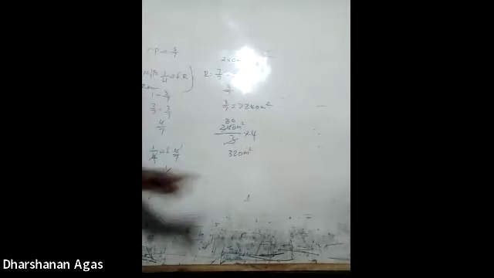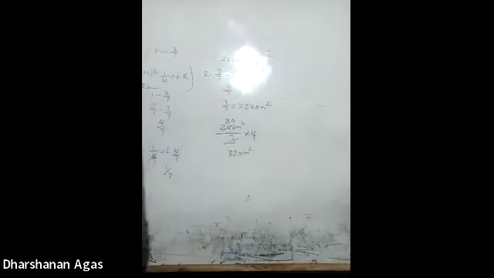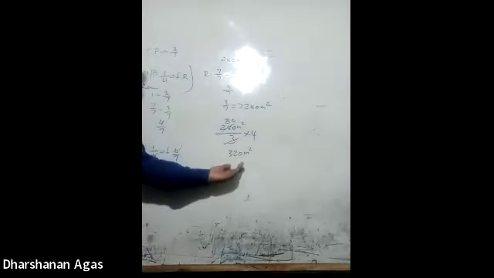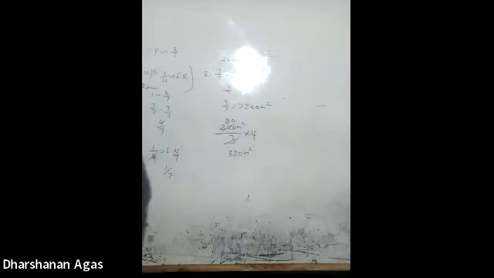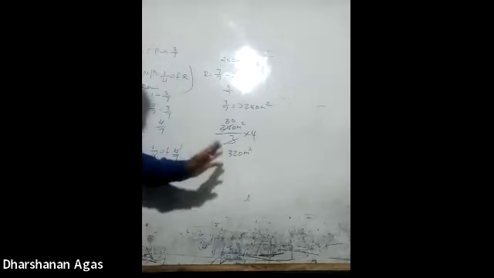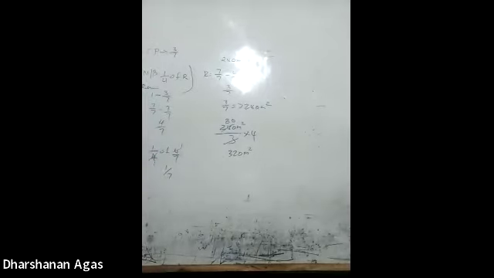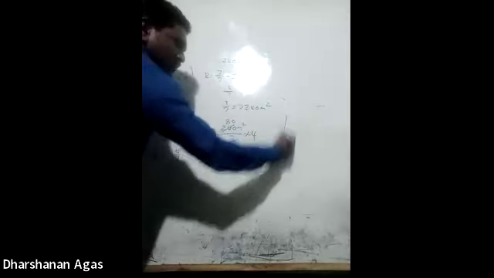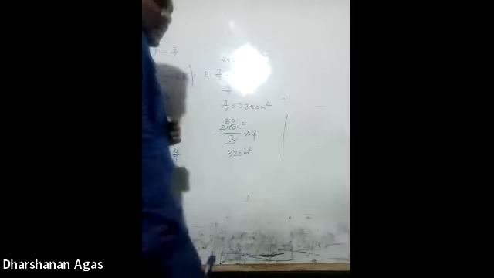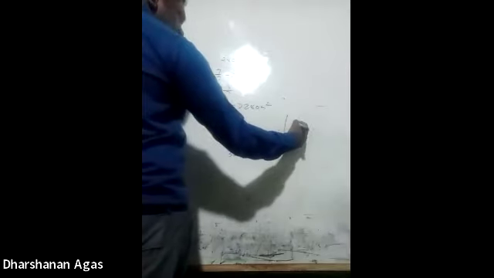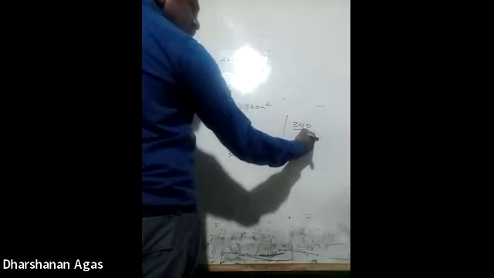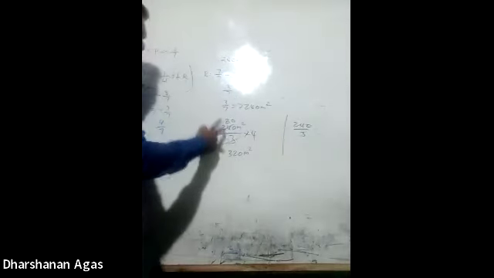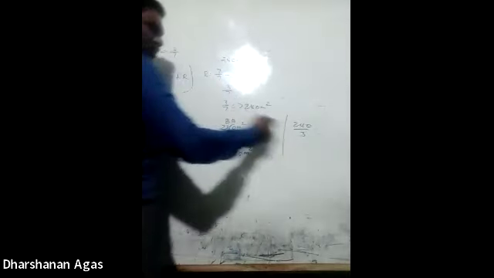80 multiplied by 4, 320 meters square. This is the land belonging to Pradeep in meters square, the area of Pradeep's land. Is that clear, students? They didn't ask the total land area. In case they ask for the total land, what should we do? 240 divided by 3, then total 7 portions, so multiply by 7.